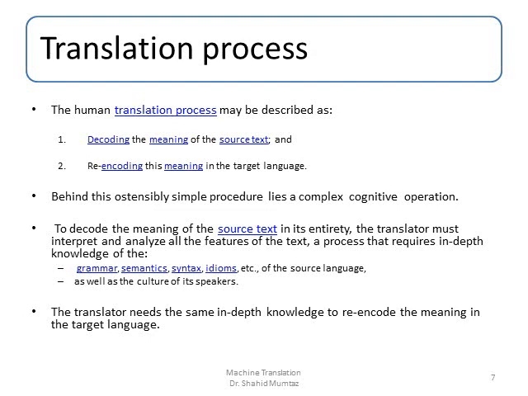It looks very simple, a simple procedure. You decode the source text and then re-encode that meaning in the target text, but this is not so simple. Behind this simple procedure, there is a complex cognitive operation.